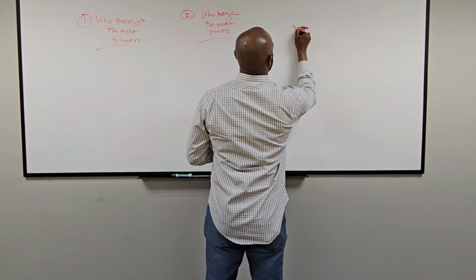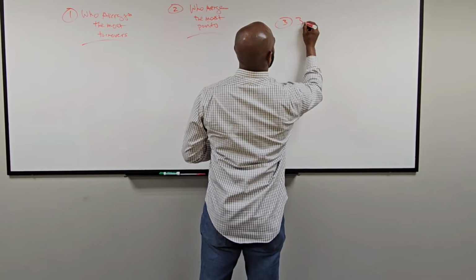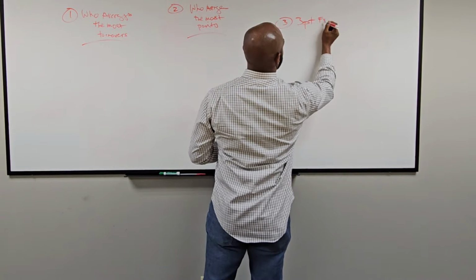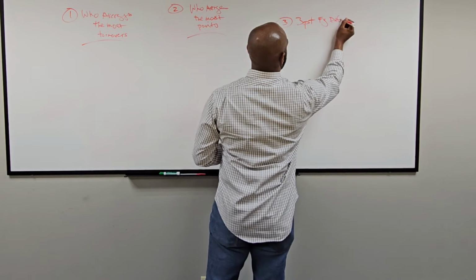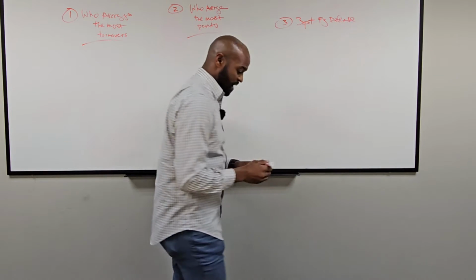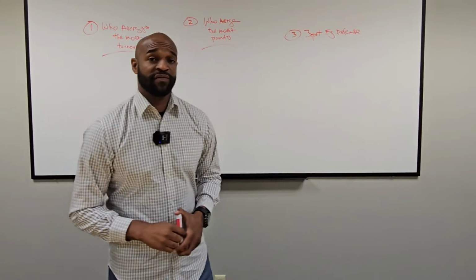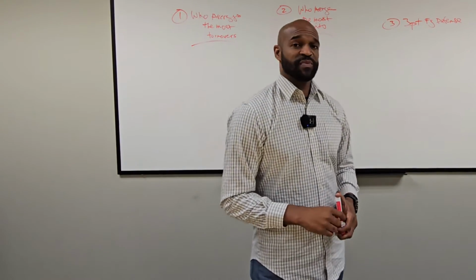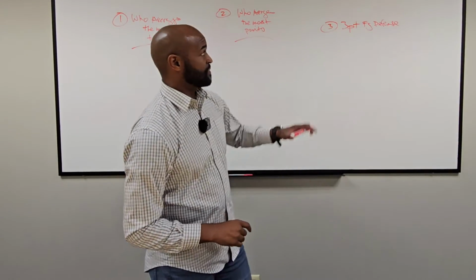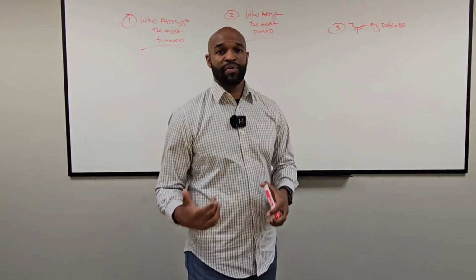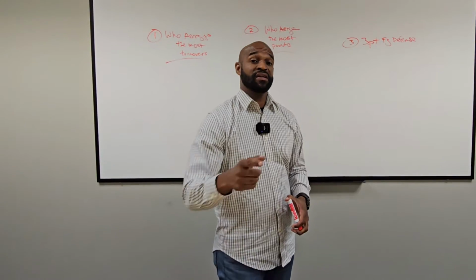Your 3-point defense. 3-point field goal defense, okay? So during my year as an acting head coach, we were 27th in the nation in 3-point field goal defense. What this means is this is a percentage that your opponent shoots from the 3-point line against you.